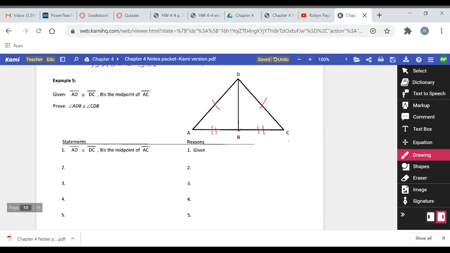I'm trying to prove that ADB is congruent to CDB. So that's what I'm trying to get to by the end. You can see the given stuff was already put in the proof for you. Since it told me B is the midpoint and I know B is right in the middle, and I marked on there that those two pieces are congruent, I need to say that in my proof, that AB is congruent to CB. And that is by definition of midpoint.